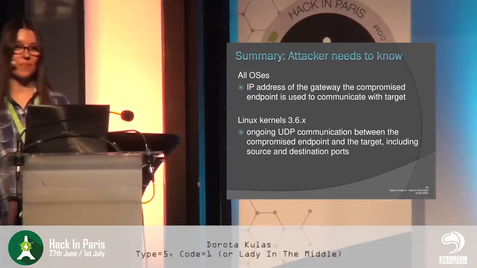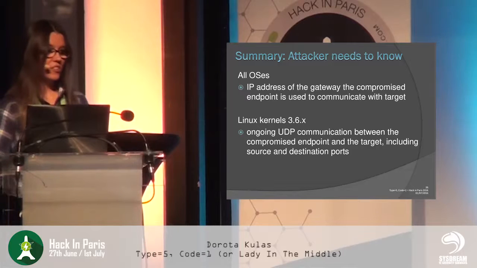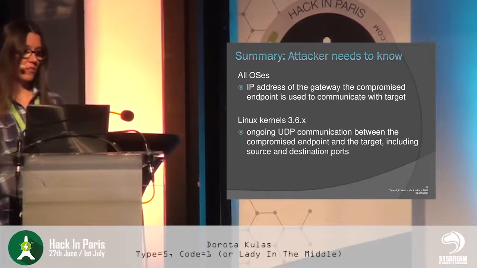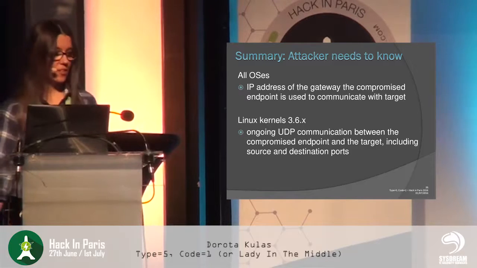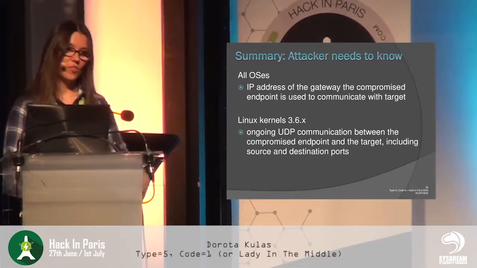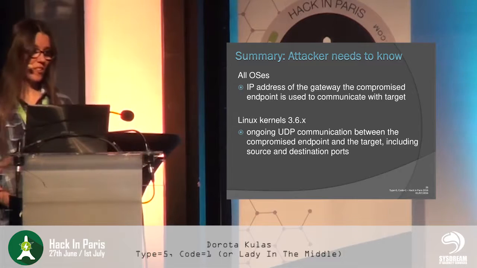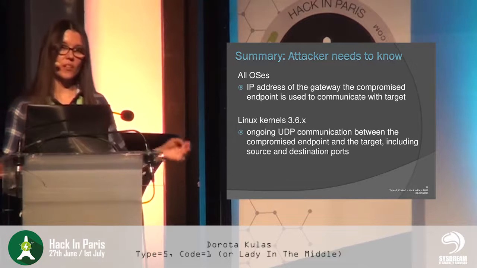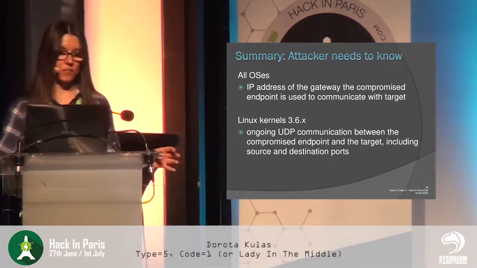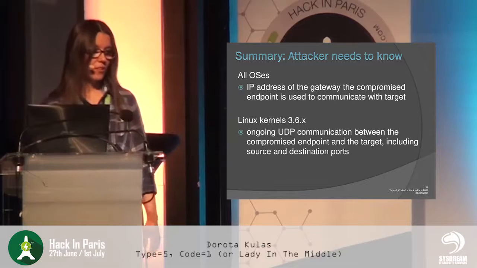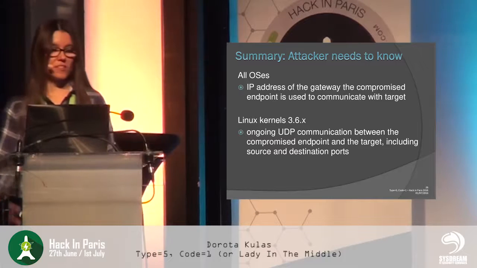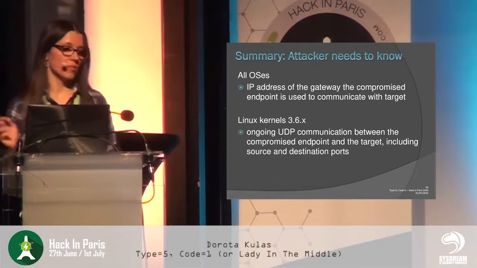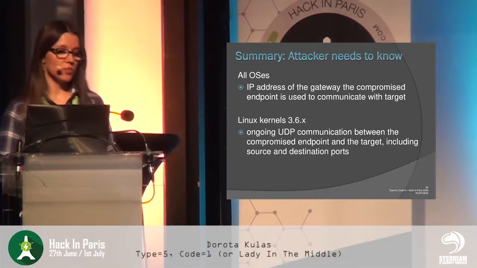So the summary. The attacker actually just needs to know the IP address of the gateway that the not yet compromised host he wants to compromise is using to communicate with the target. So the gateway from the user to the server. And for Linux kernel 3.6, he would have to know also the ongoing UDP communication.